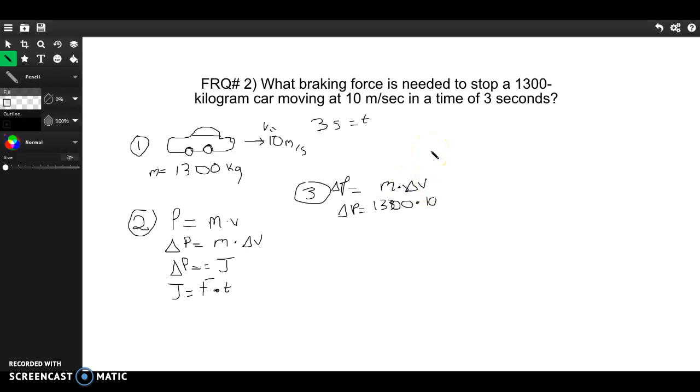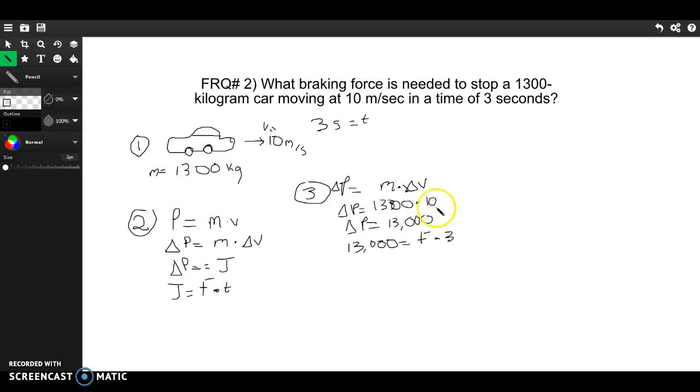Alright, so we get that change in P is equal to 13,000. And then we could say, since 13,000 is equal to the impulse, and the impulse is equal to force times time, we can say 13,000 is equal to force, which we don't know what that is yet, times the time, which is 3 seconds.